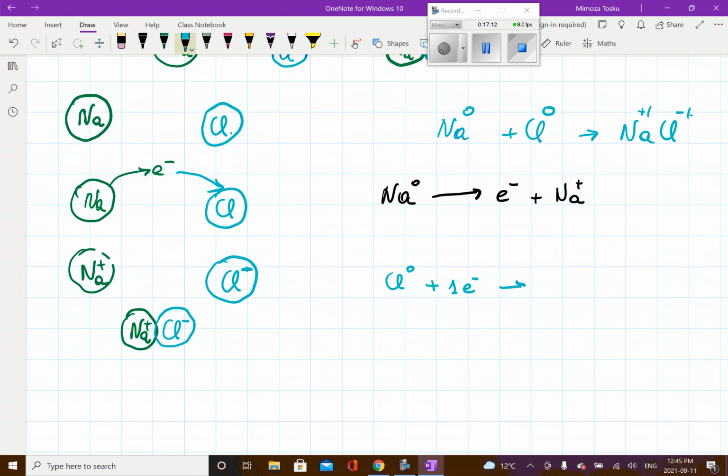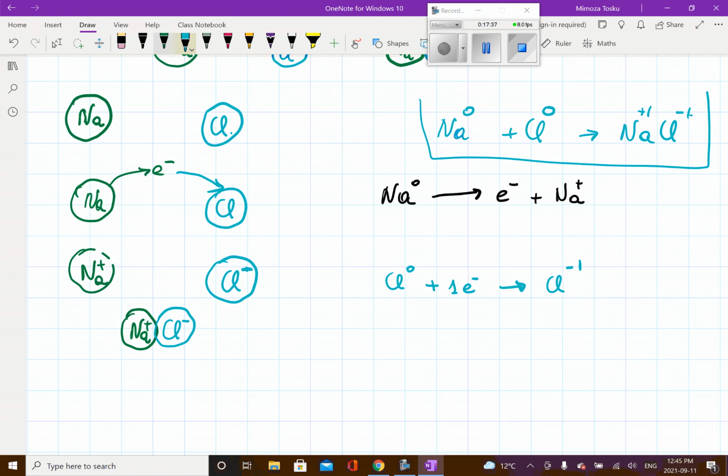And then, as the product of this interchange of electrons, chlorine becomes -1 charged. Okay, so this is what is happening step by step for each element participating in this reaction.